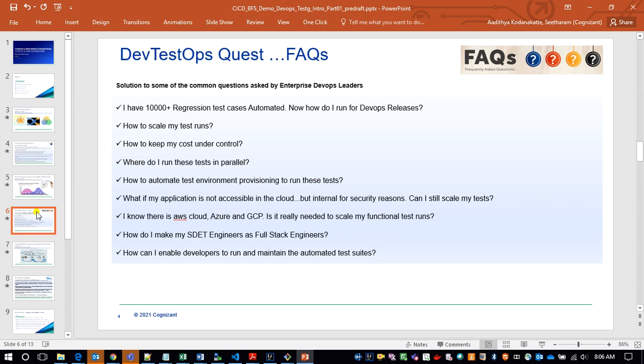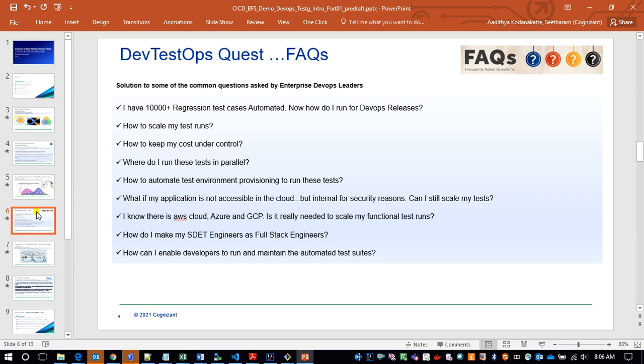How do I keep my cost under control? I cannot say that I want to run 10,000 tests and order about 100 servers, right? The cost needs to be under control. So where do I run these tests in parallel? How do I automate test environment provisioning to run these tests? What if my application is not accessible in the cloud but internal for security reasons? Can I still scale my tests?